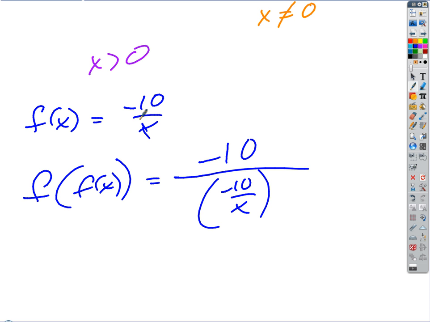The recipe for doing a composition of functions is whatever the inside function is, that's just going into the original where the x used to be, right? Whenever we divide by a fraction, we just flip and multiply, right? So this equals negative 10 over 1 times the reciprocal of the bottom. We just get x. Okay, yes?